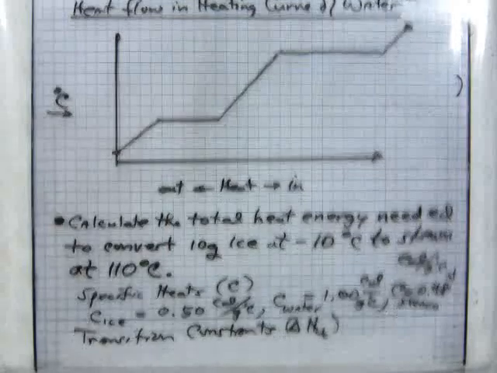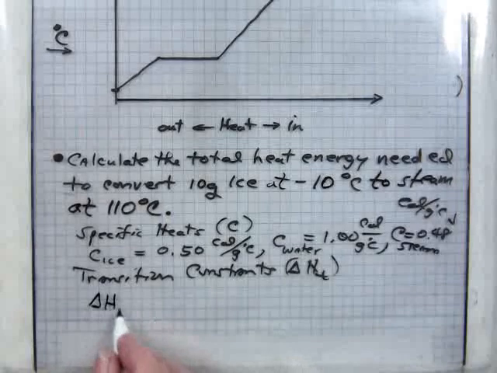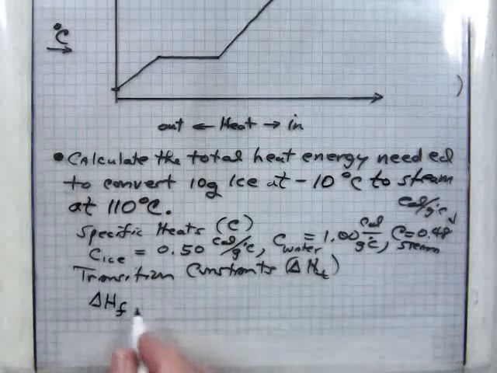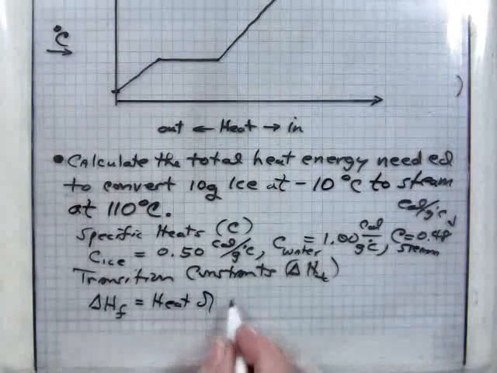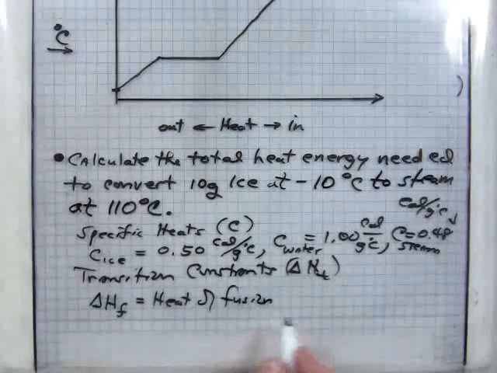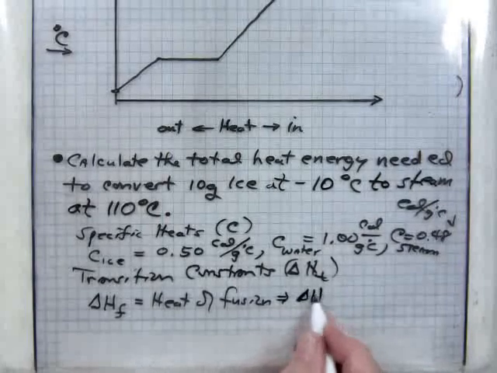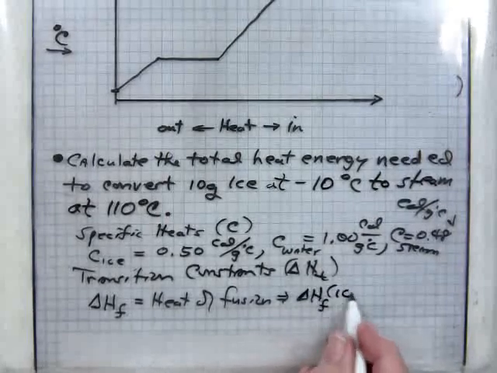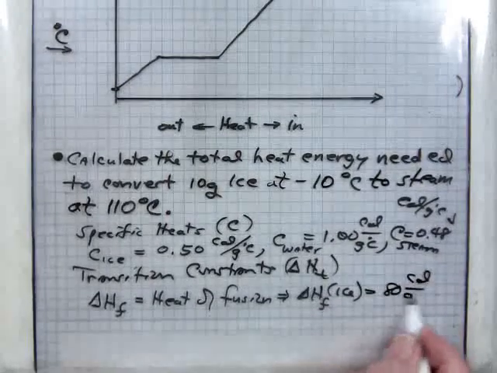And those are given by the following. So delta H of F is called the heat of fusion, and for ice, delta H F is equal to 80 calories per gram.